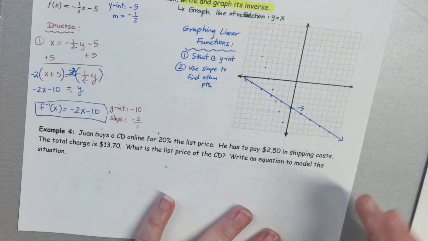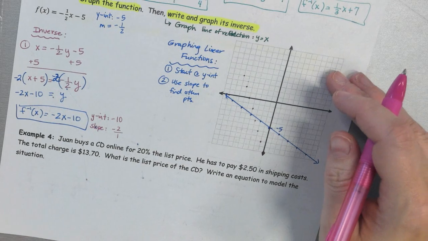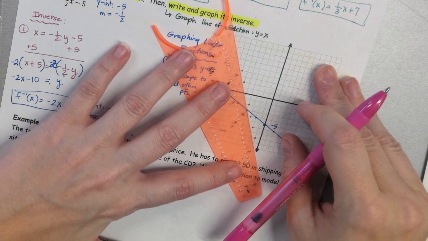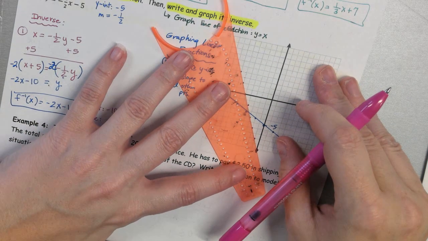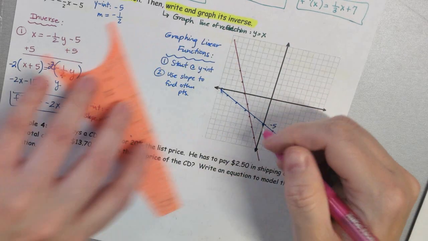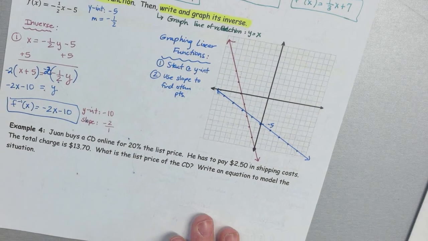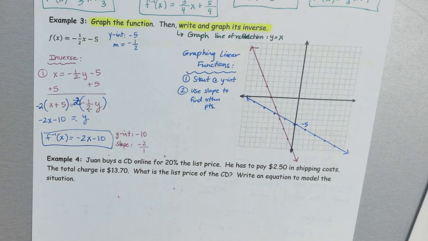So that's just a quick thing you can do to make sure that everything is correct there. Okay, and then when you use your straight edge, everything should line up very nicely. Make sure you put the arrows on both ends.